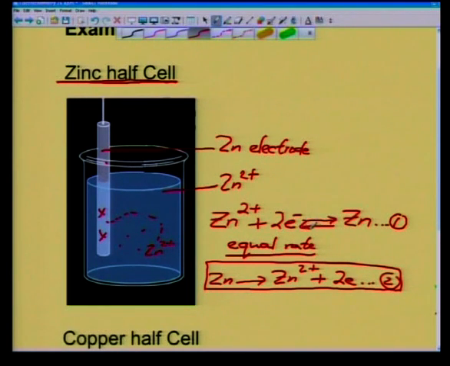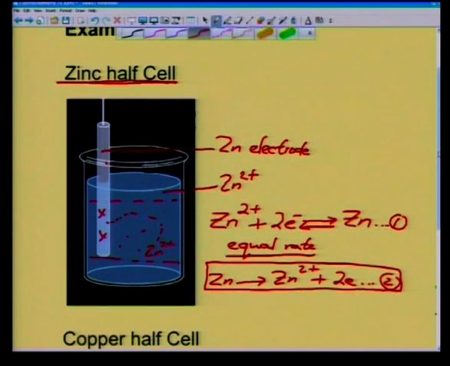So this is a reversible reaction. Because the rate at which zinc 2+ receives electrons to give us zinc, and zinc atoms lose electrons to give us Zn2+, is the same, we have got a state of equilibrium, and it looks as if nothing is happening there, but basically something is happening.